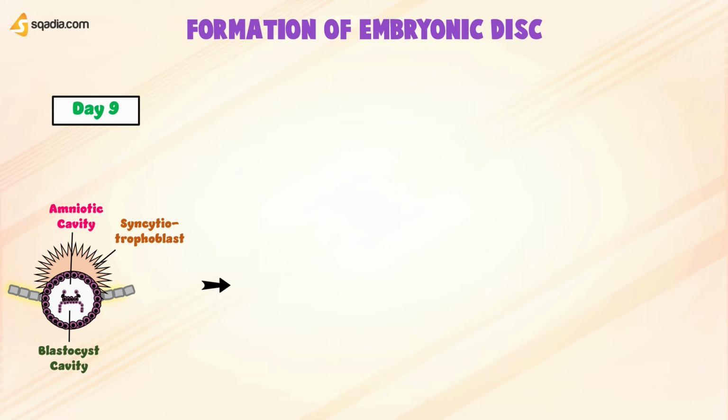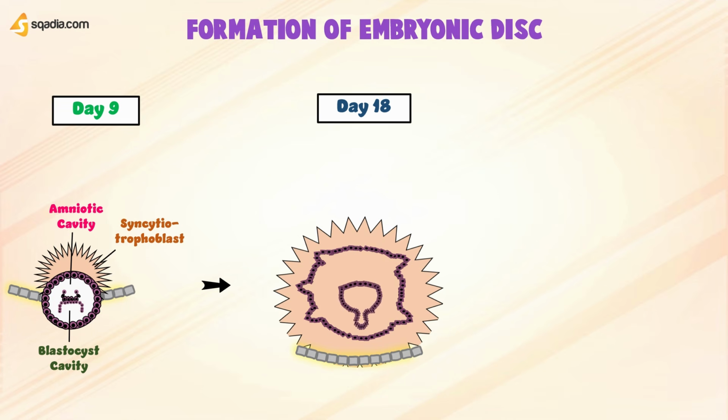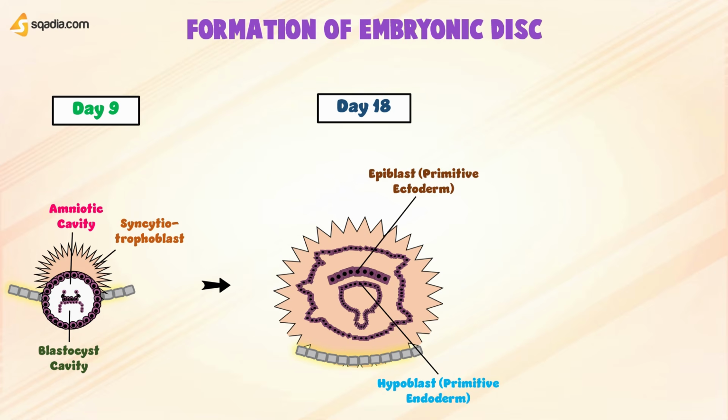Moving forward. At day 18, the inner cell mass exposed ventrally to the blastocele flattens to form the primitive endoderm, or hypoblast, while the remainder forms the primitive ectoderm, or epiblast. Epi means above, but hypo means below. But, ma'am, why are epiblast and hypoblast also called primitive ectoderm and primitive endoderm?